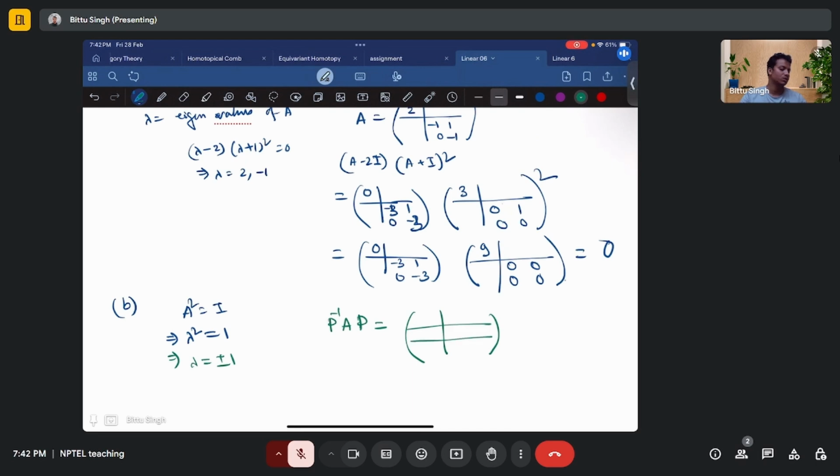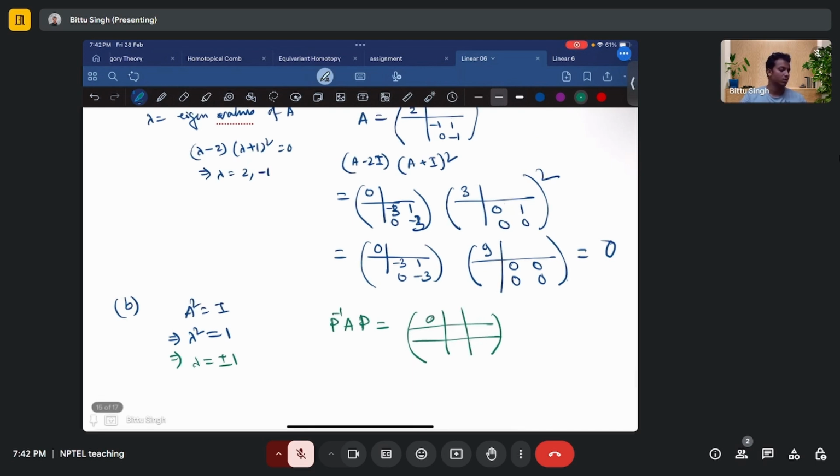It will consist of some blocks. There will be some block entries, and except those things, everything else is 0. Those will be the only non-zero blocks.